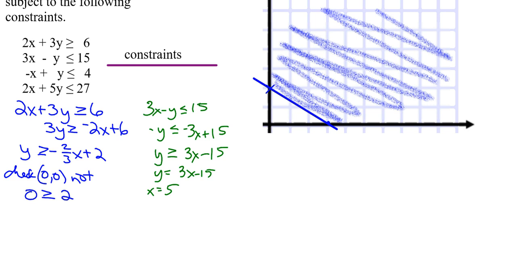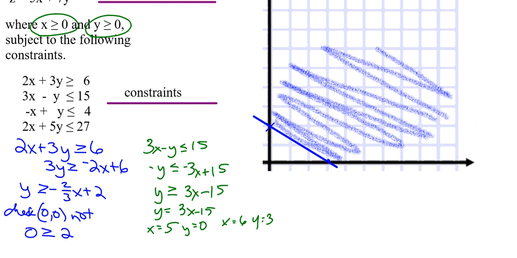And so if I put in 5, 15 minus 15, I get y equals 0. So there's 5, 0. I'll try x equals 6. 6 times 3 is 18 minus 15, so I get y equals 3. Just some convenient points that I can plot on here.